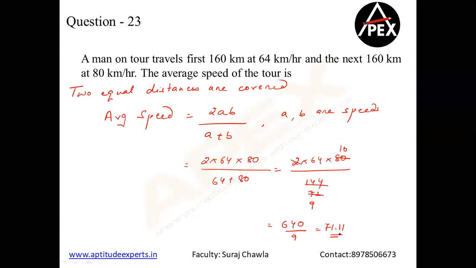In case three distances are covered, please do not use your engineer brain. When I talk about our engineer brain, we feel we are smart enough and we write 2ABC by A plus B plus C, or some smarter students might write 3ABC by A plus B plus C. Please do not apply this. This will be completely wrong.